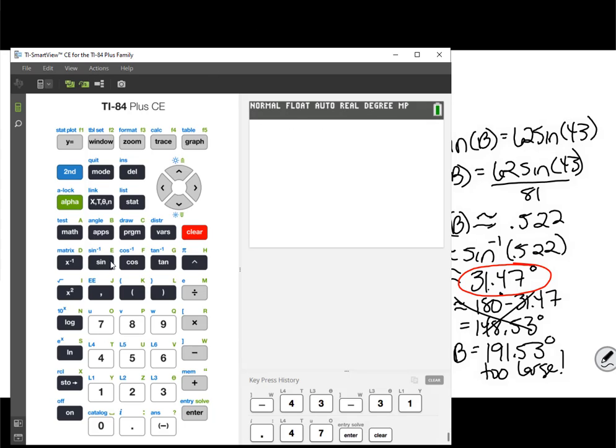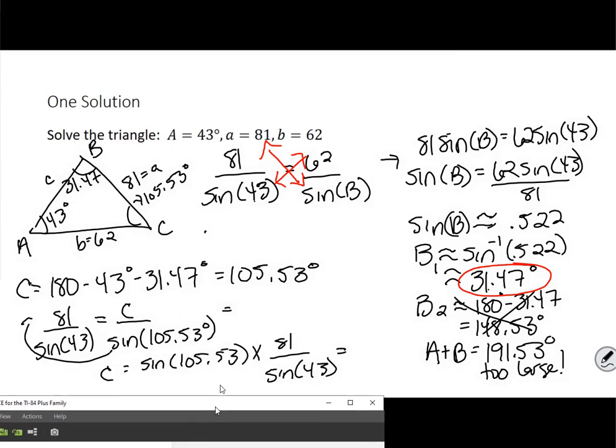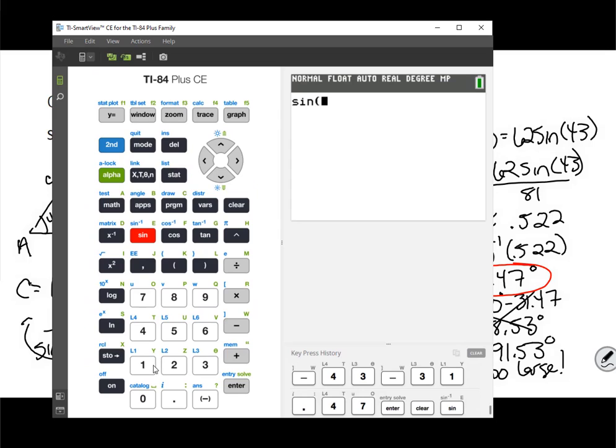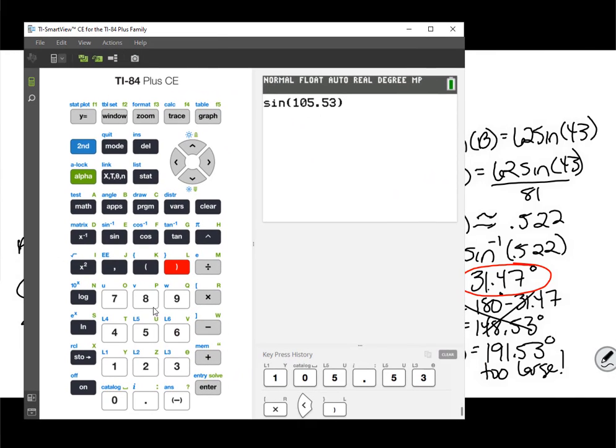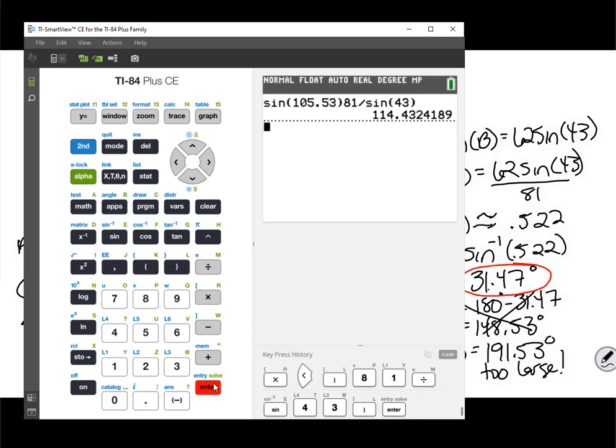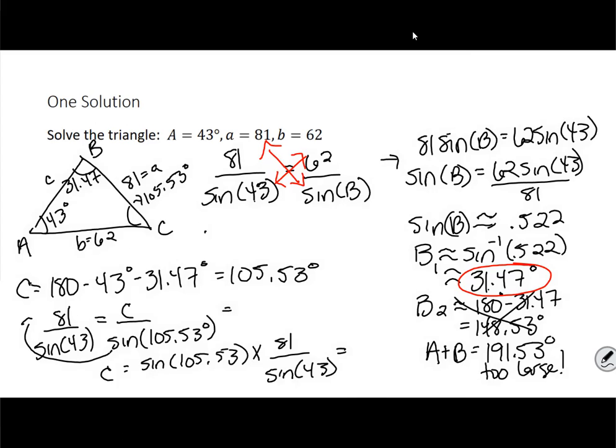Sine of 105.53, and then times 81 divided by sine of 43. All right, and I get that side little c should be 114.43. I'll just keep with the 2 decimal places.